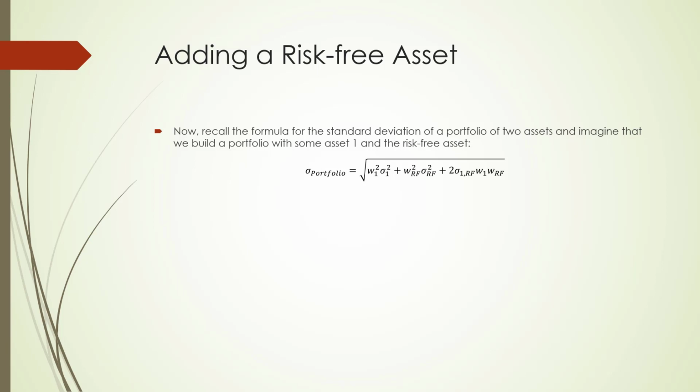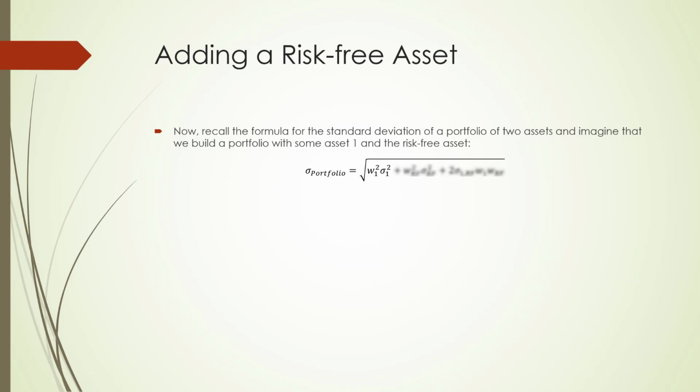Well, we just got done saying that the covariance of the risk-free asset with any other asset is 0. So that third term just goes away. We also said that the variance or standard deviation of the risk-free asset is 0. So now the second term goes away.